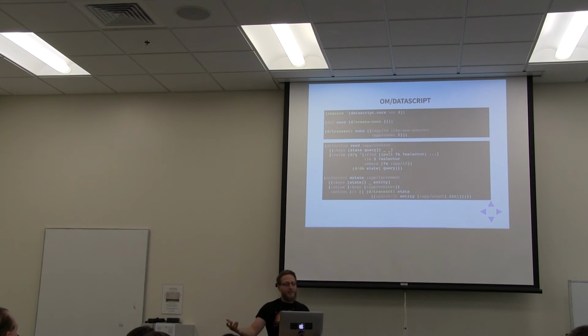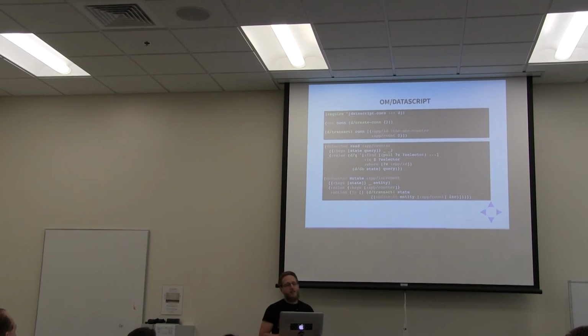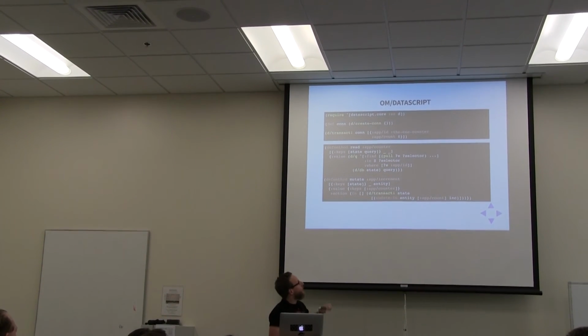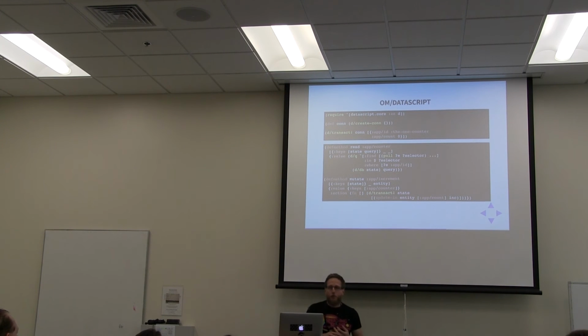So when I want to read the app counter, I'm going to do this Datalog query for the counter that I'm specifically looking for. And when I want to mutate, I'm going to update the entity by increment. And so now we're starting to push a lot of that complexity into places where it's a little bit more relational, and we can start to combine these different queries together in a more composable way.